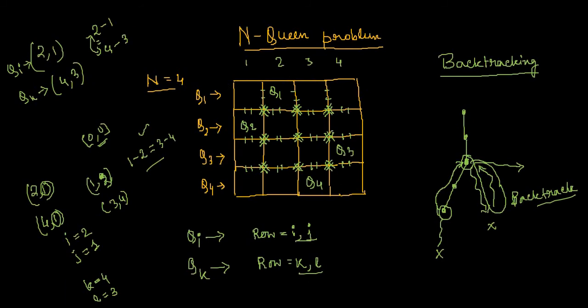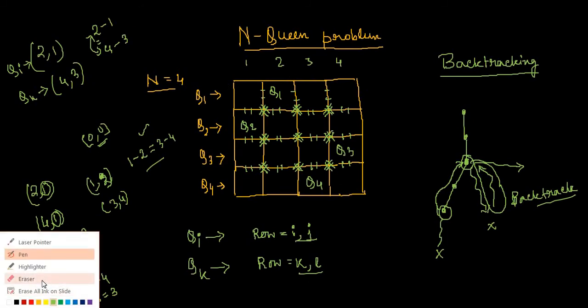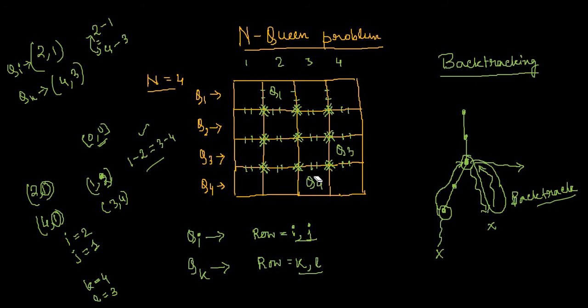Similarly, if you take another situation, for example, suppose queen 2 is placed somewhere over here, and queen 4 is placed somewhere over here, then also it is visible, but it is not in the right diagonal. It is now in a left diagonal.